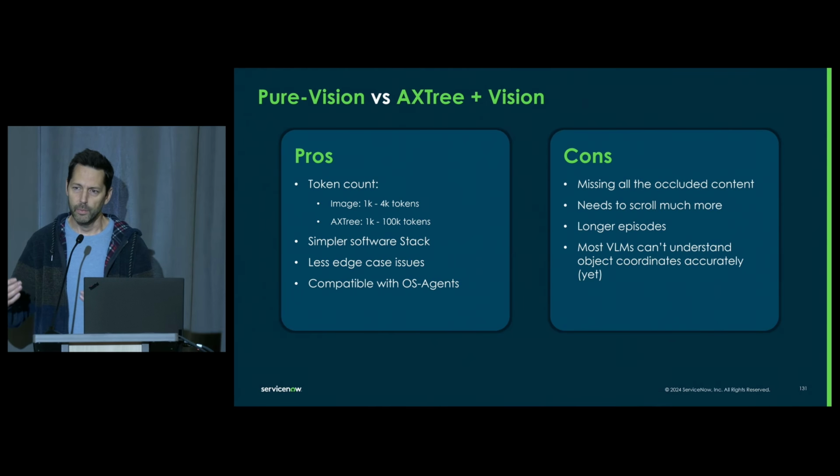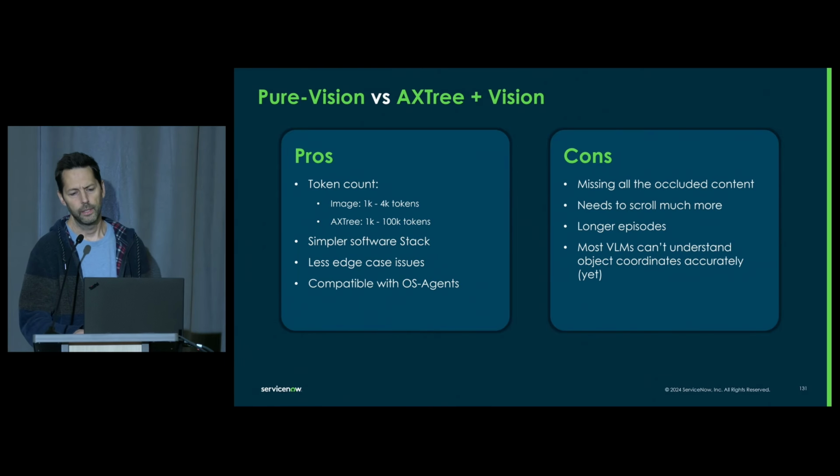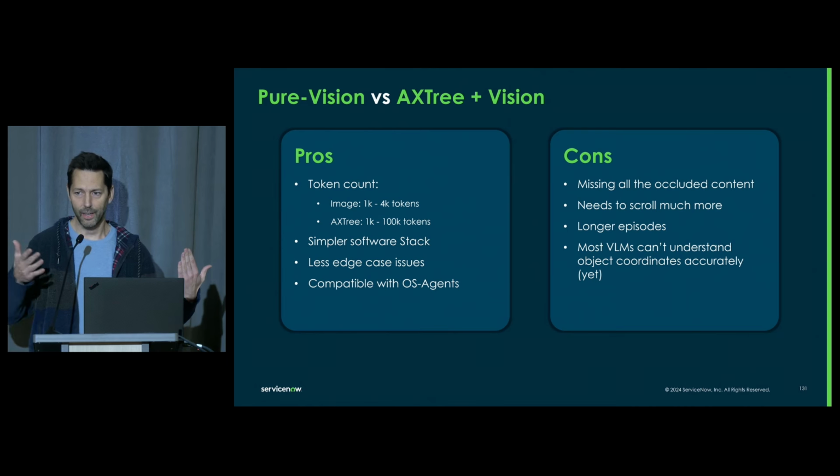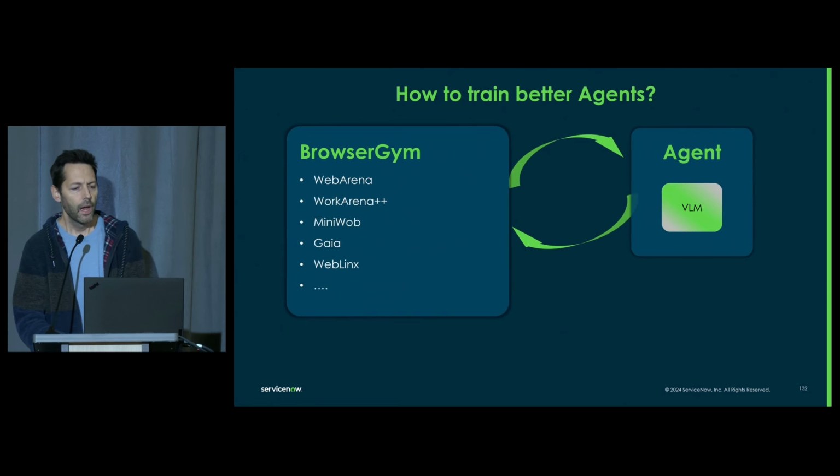So your episode is going to become longer because you have to do a bunch of scrolling and clicking to be able to solve it. And yeah, like I mentioned earlier, not all VLMs are capable of working with pixel coordinates. So it's trade-offs. In practice, just having your screenshot and working in pixel coordinates works well, and you can add your accessibility tree on top of it as an extra source of information. That works well.